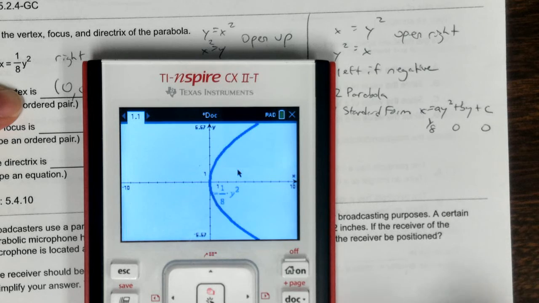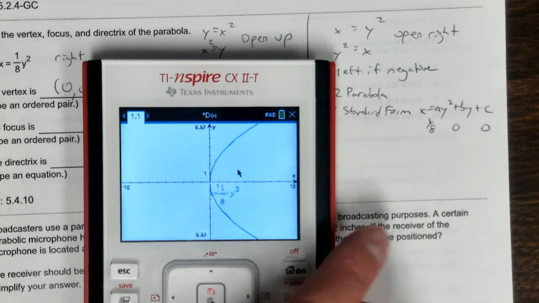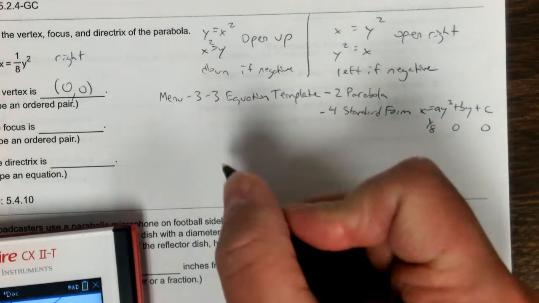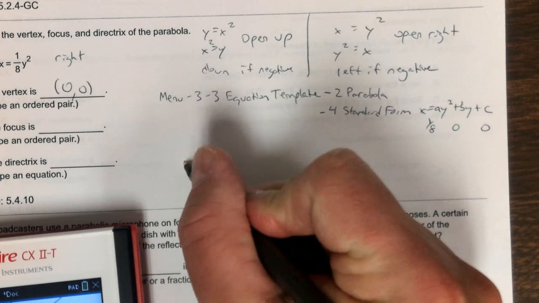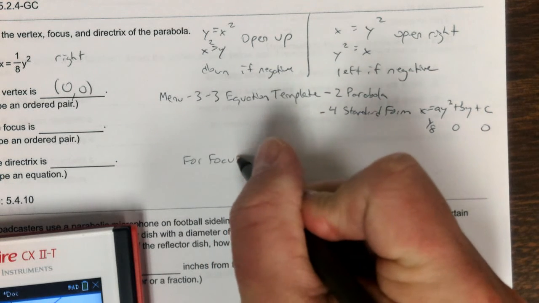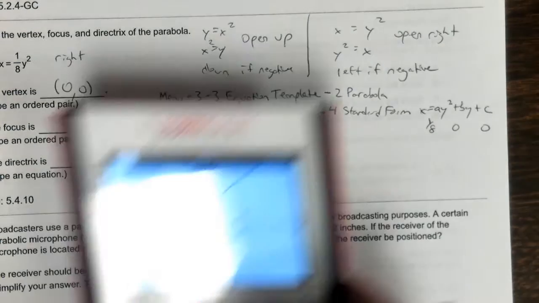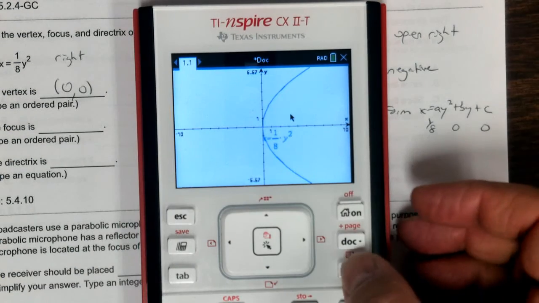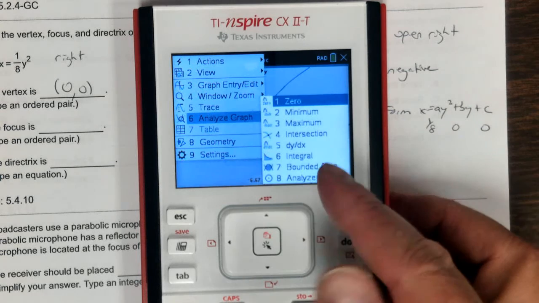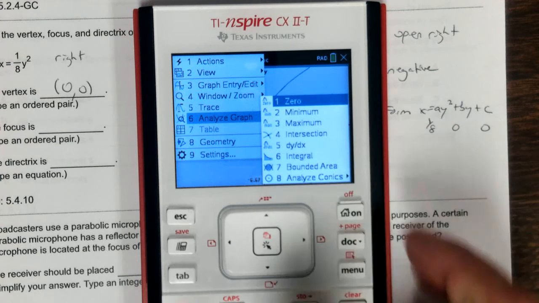So that's your graph. To get the focus, for the focus, you do analyze, analyze. So menu, analyze, and then analyze.